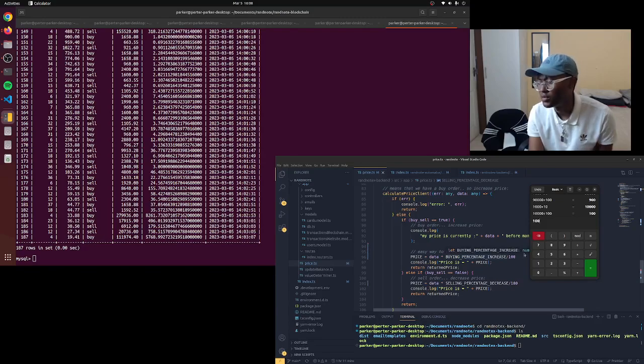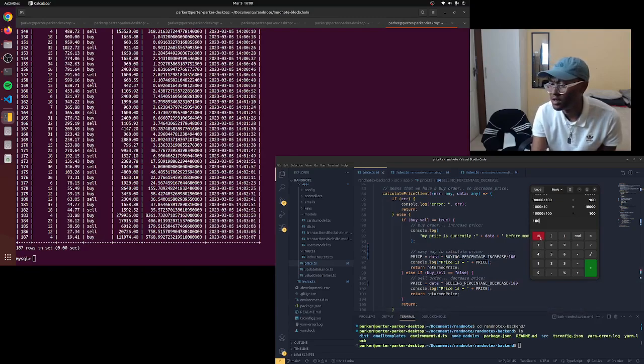Wait, I'm confused. 1000 multiplied by 90 divided by 100 will bring the price to 900. So this is the sell order. So the buy order will be 1000 multiplied by 10 divided by 100.